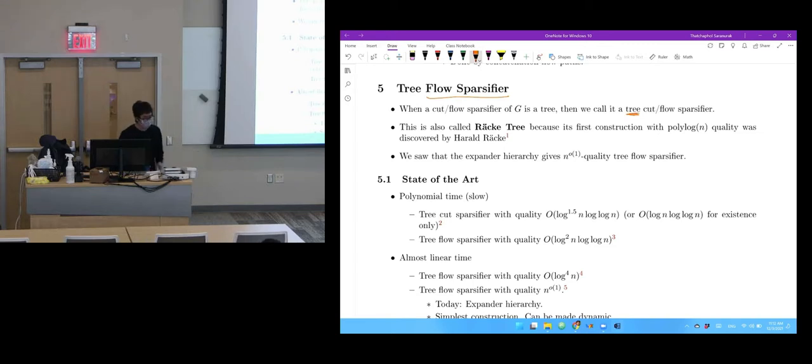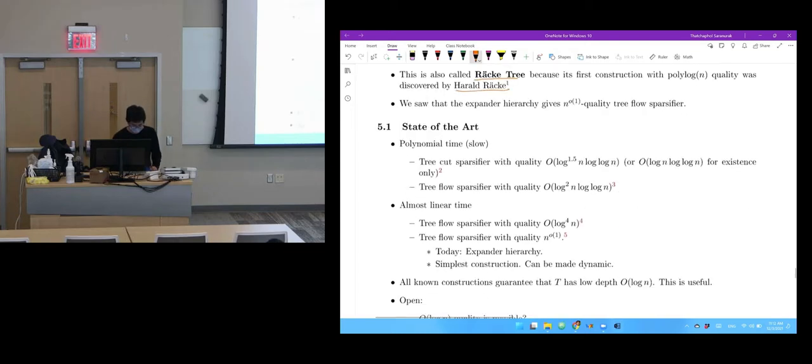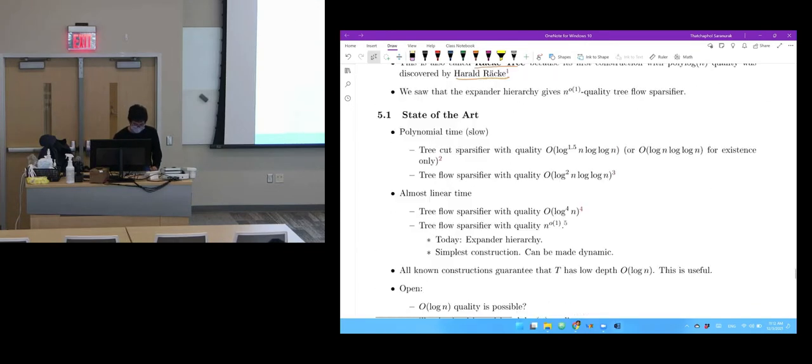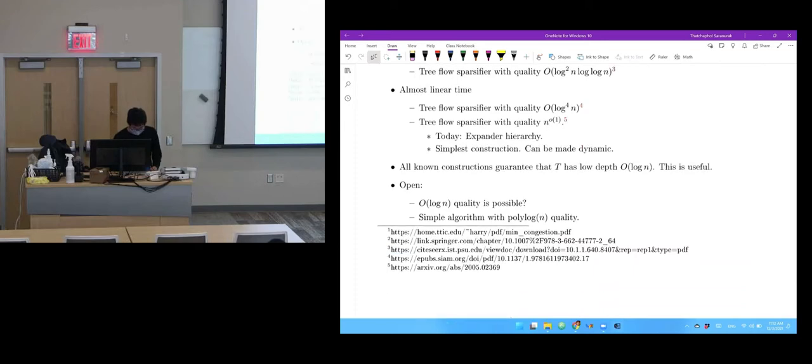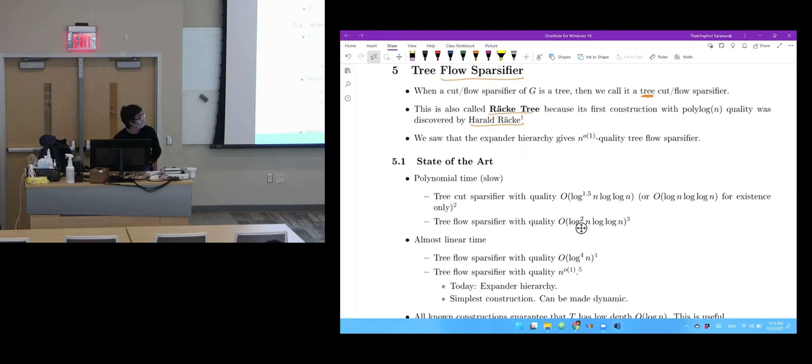In the literature, or when you talk to people, people also call this tree a Räcke tree, a tree that is a flow specifier or cut specifier. This is just because this tree was discovered by Harald Räcke, not quite so long ago, something like this year. So it's not a very old concept actually.